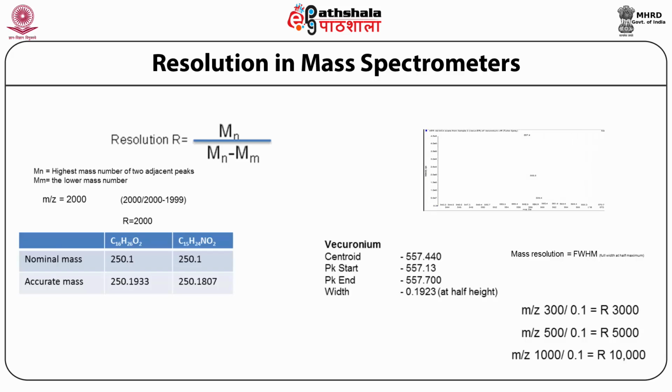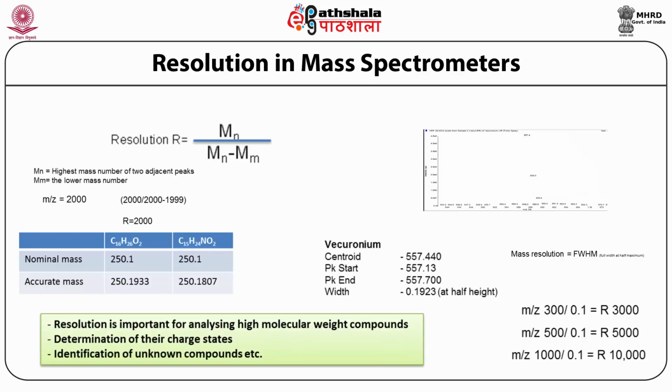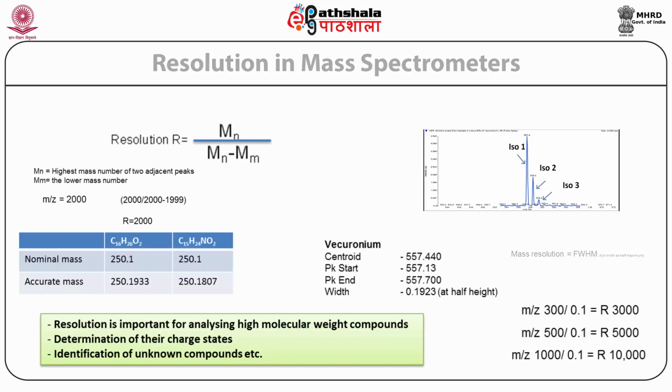But when it comes to analytical mass spectrometers, unit mass resolution is enough to do the job, because a separation technique is involved and fragmentation parameters are included. Therefore, that is enough. So resolution is very important for analyzing high molecular weight compounds and determining their charge state, and this helps us in the identification of unknown compounds.